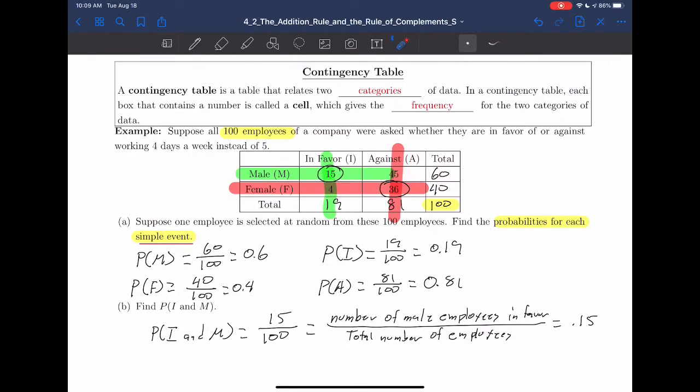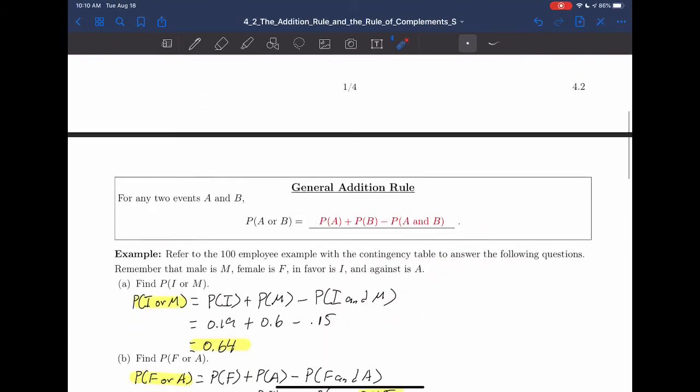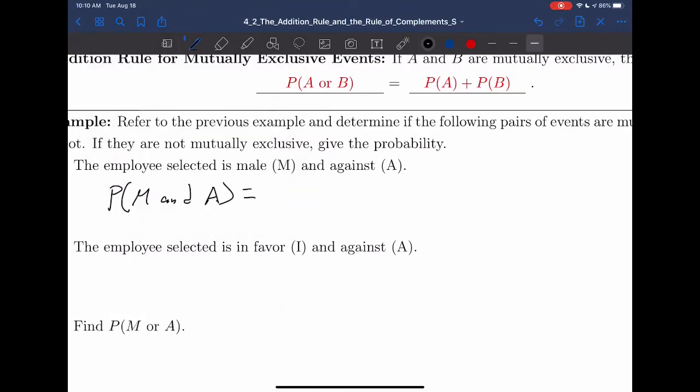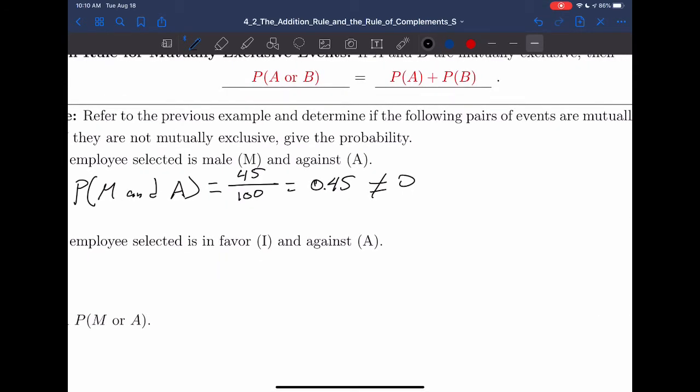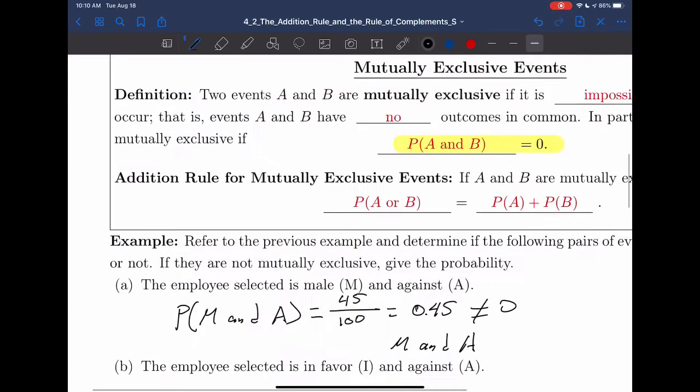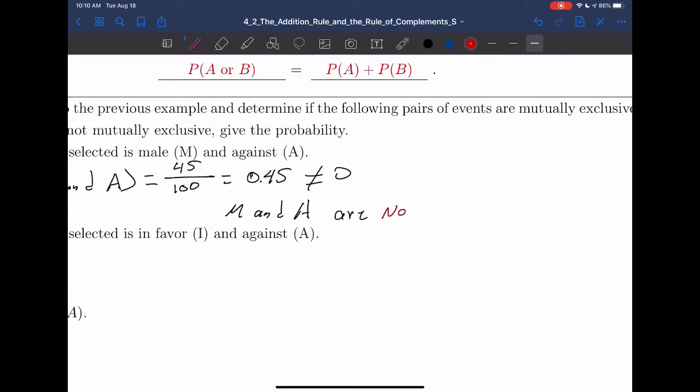Looking at the table, their intersection is 45, so this will be 45 out of 100, or 0.45. Notice that this is not equal to 0, which tells us that M and A are not mutually exclusive events.